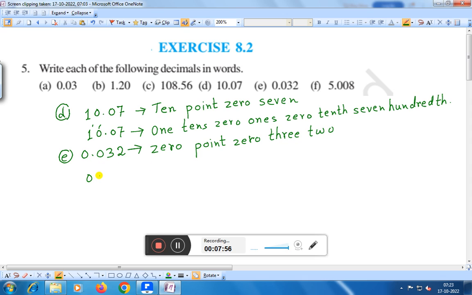In another method you can also write 0 tenth. So you can write from 0 ones, you can write also, right?